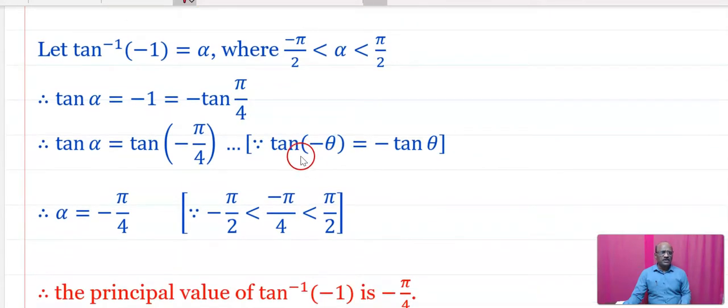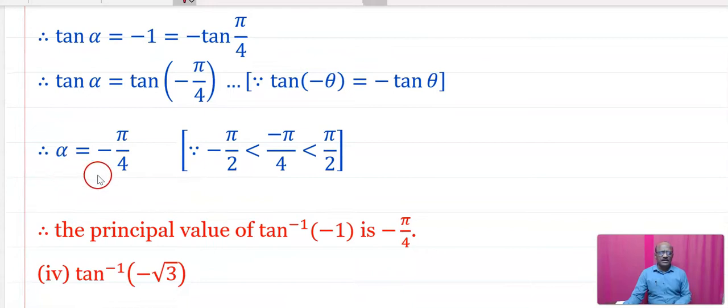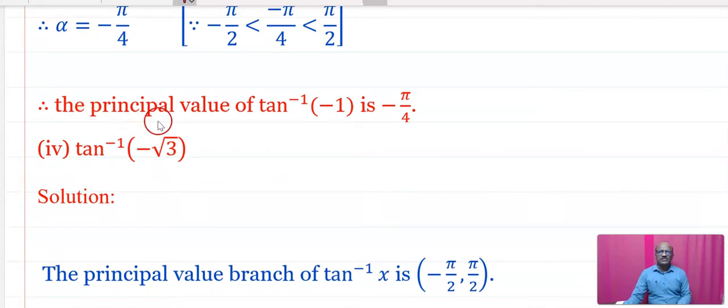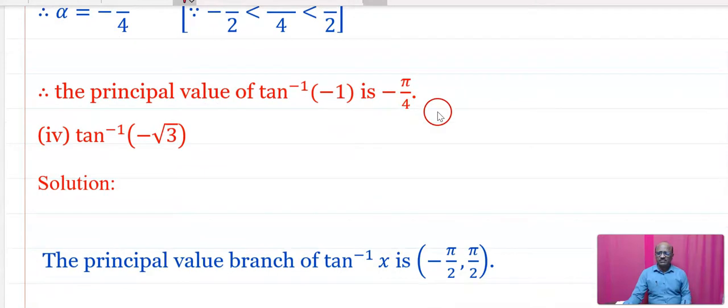Again, we know the formula: tan of minus theta is equal to minus tan theta. Using that, tan alpha is equal to tan of minus pi by 4, and here alpha is equal to minus pi by 4. This alpha lies between minus pi by 2 to plus pi by 2, and therefore the principal value of tan inverse of minus 1 is minus pi by 4.